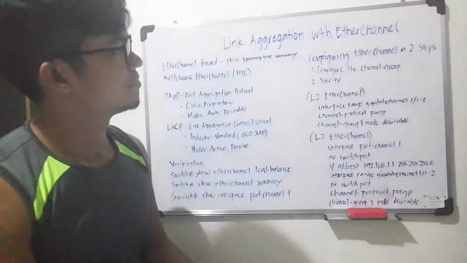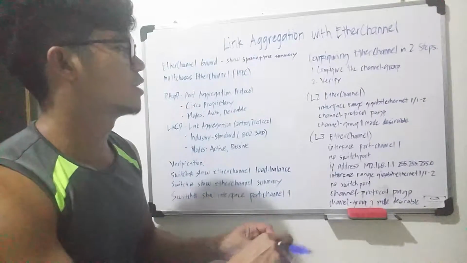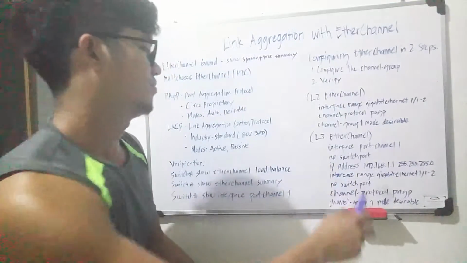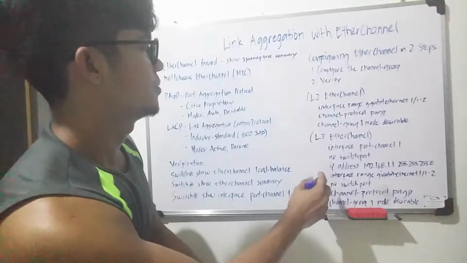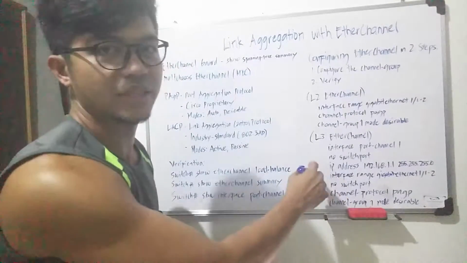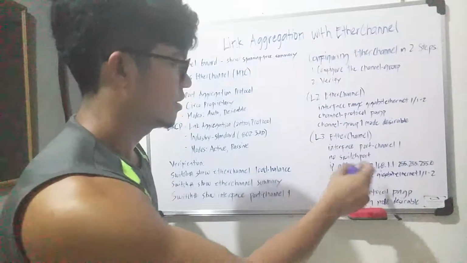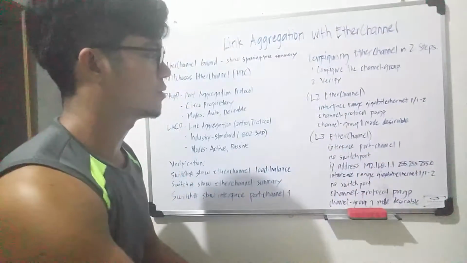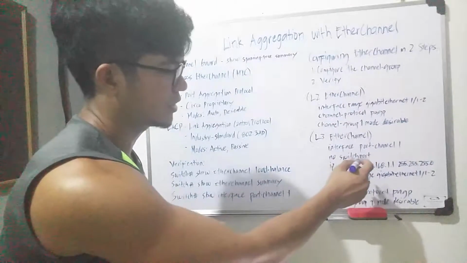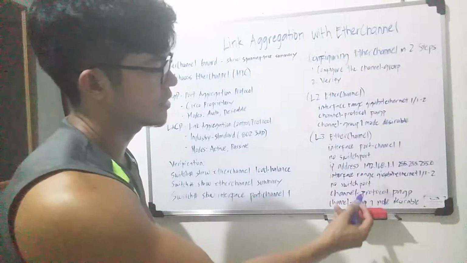In the case of a routed port or layer 3 EtherChannel, you have to specify the interface port-channel. In this case, this is 1, and you have to type no switchport for it to be a routed port, and you have to define the IP address.